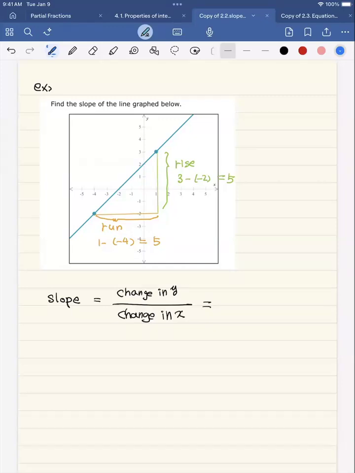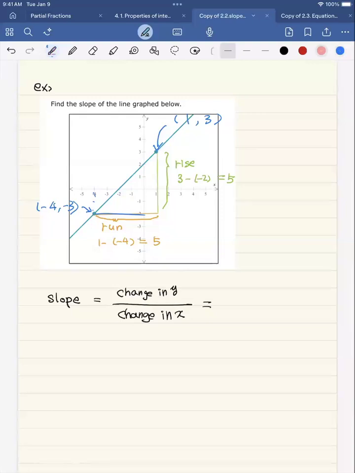To do that, we will consider 2 points on the straight line and identify the coordinates. This coordinate is 1 and 3, and this coordinate is -4 and -3.